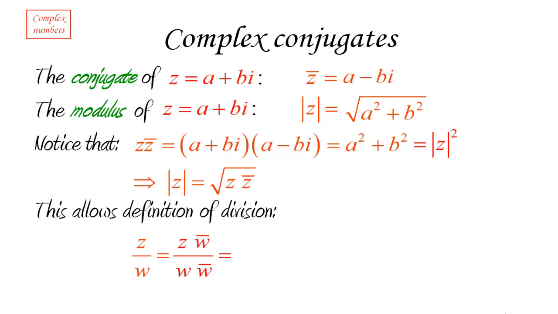And so what I can do is use that as just a coefficient, 1 over the modulus of w squared, and put that in front of the product of z and the conjugate of w. And of course, now I'm back to multiplying two complex numbers, which we know how to do, and therefore this whole expression now makes sense. It can be used as a definition for the division of two complex numbers.